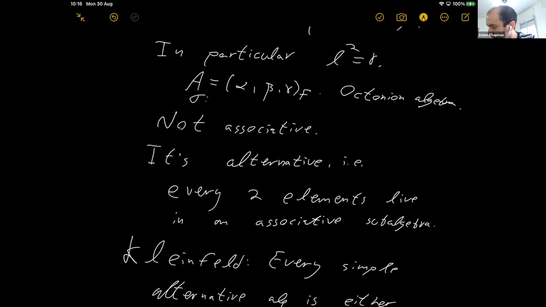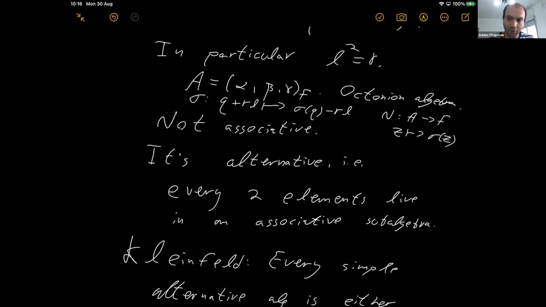First of all, it has an involution mapping any Q plus RL to sigma Q minus RL, and the norm form again from A to F maps every Z to Z times sigma Z.